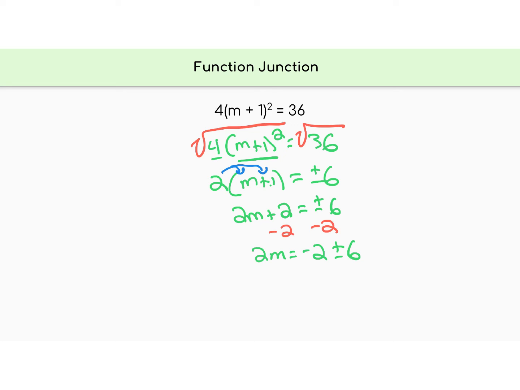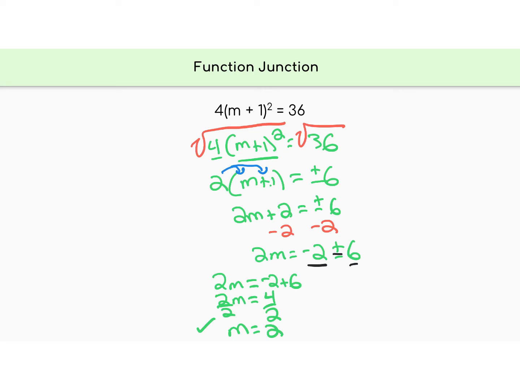Okay, so now in this case we have 2m is equal to negative 2 plus 6. And let's just simplify this one. So 2m is equal to negative 2 plus 6, which is positive 4. Let's divide by 2 on each side. So m is equal to positive 2. So one of our solutions is m is equal to 2. One of our solutions or roots is 2.